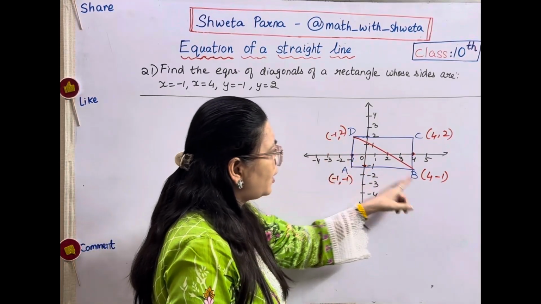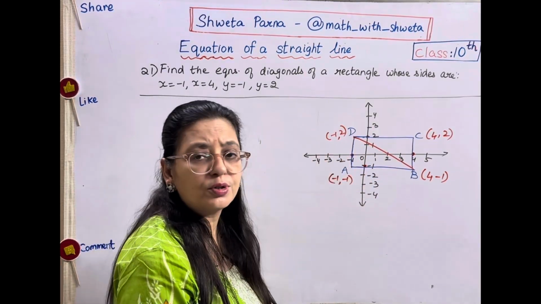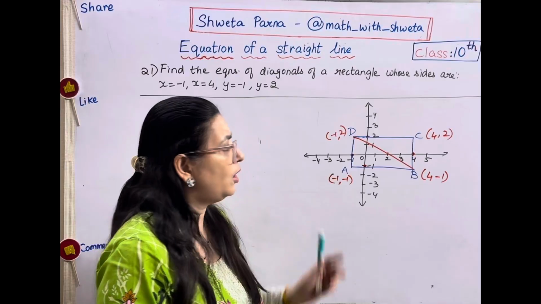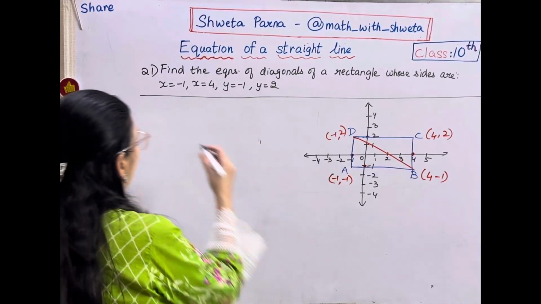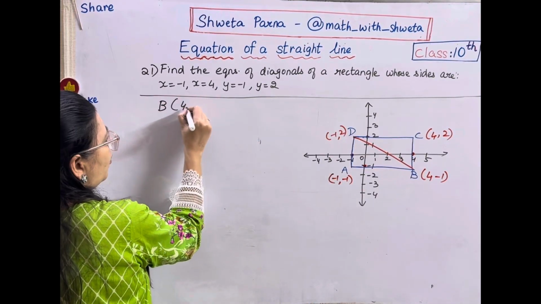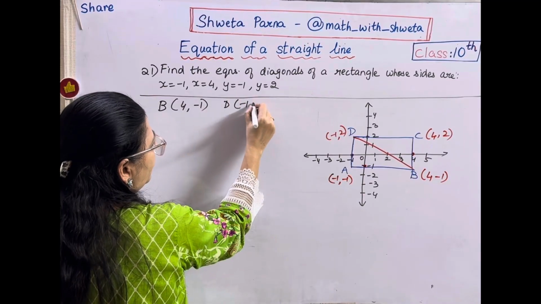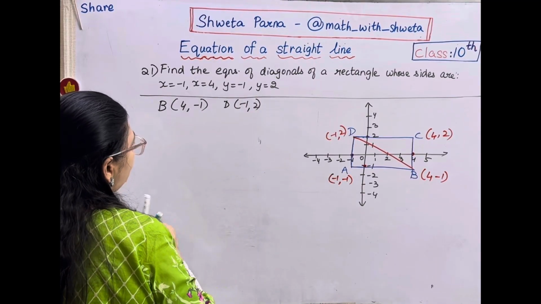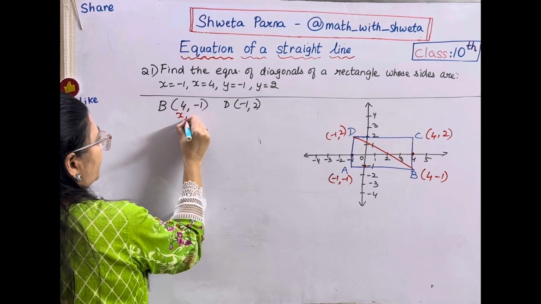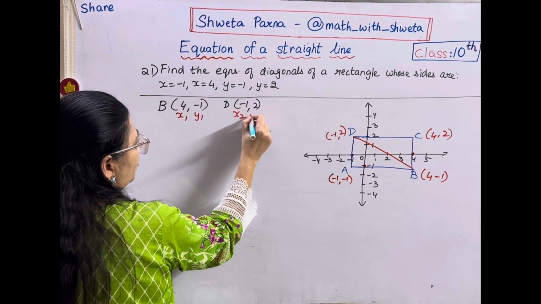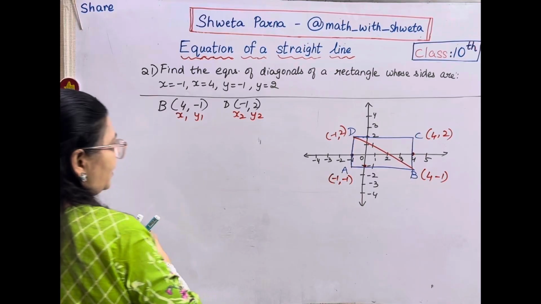Now BD, there are 2 points. So which equation will you use to find the equation? You will use the two-point formula. B is given as 4, minus 1, we found out, and D is minus 1, 2. So let this be x1, y1, x2, y2. Come on, let's write the equation.